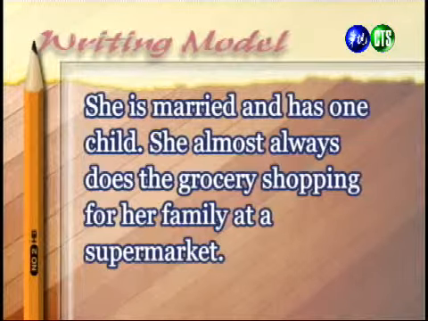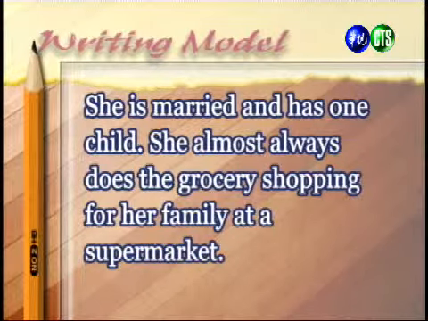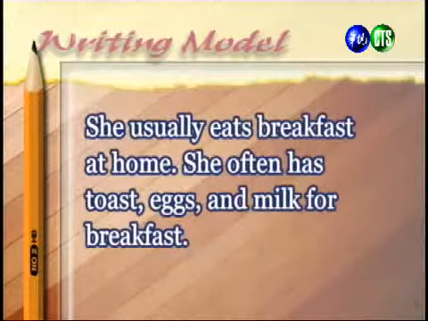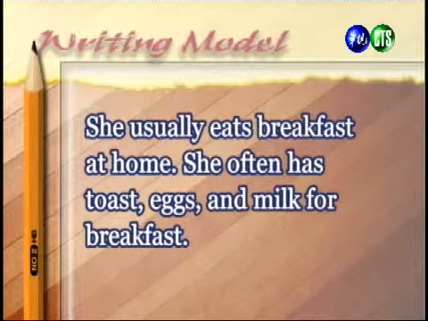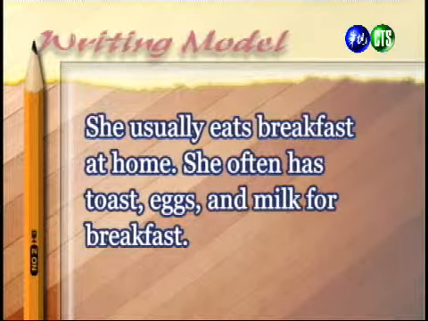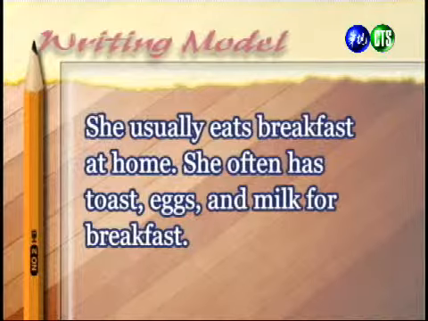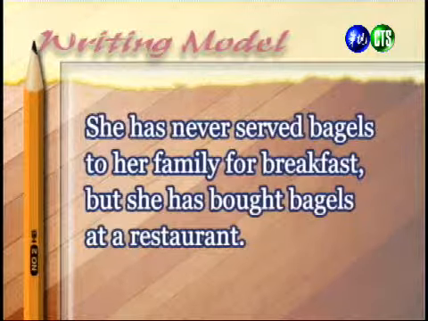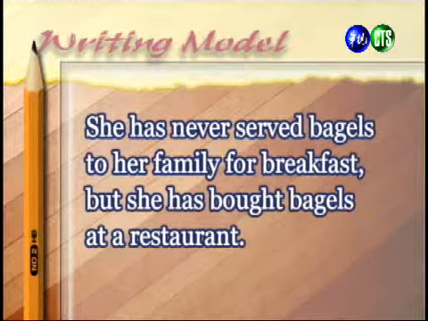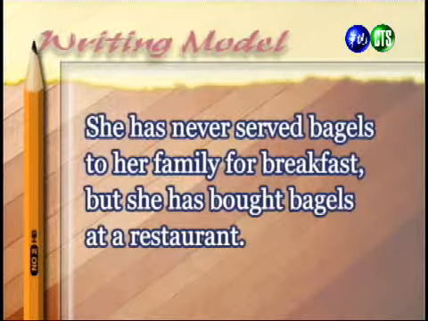She usually eats breakfast at home. She often has toast, eggs, and milk for breakfast. She has never served bagels to her family for breakfast, but she has bought bagels at a restaurant.